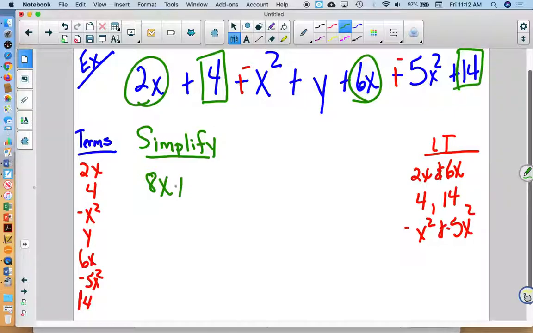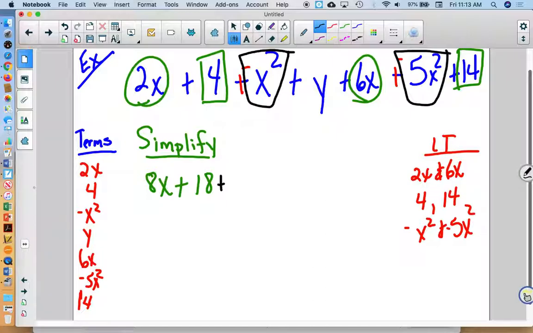So 4 plus 14 equals 18. And then I see that we said this negative x squared and negative 5x squared, and those two together are, what do they equal? Negative 6x squared. Okay, am I done though? Have I missed anything? Plus y. I can't combine it with anybody else, but it's still part of the expression. I can't just throw it out the window.